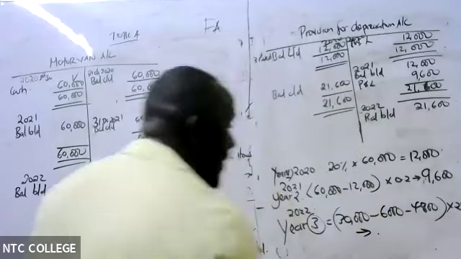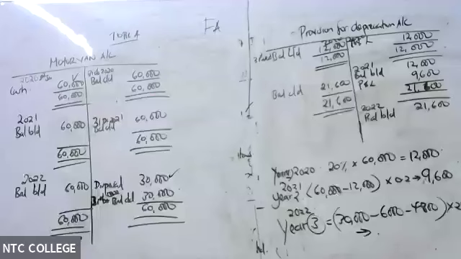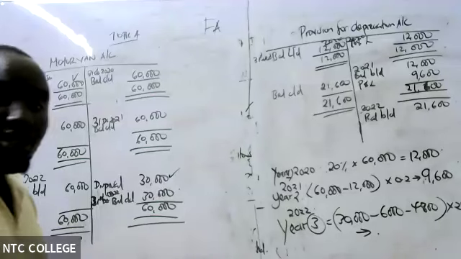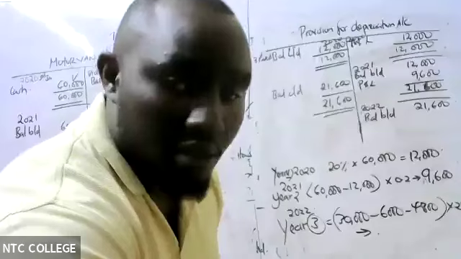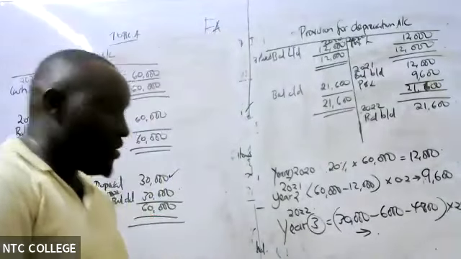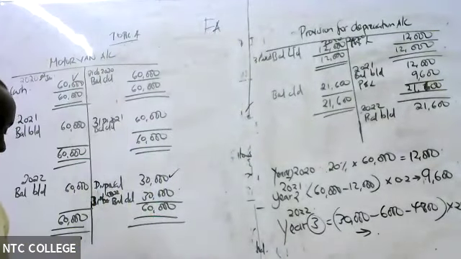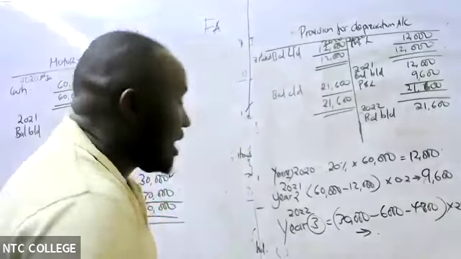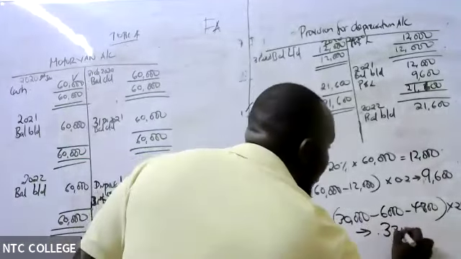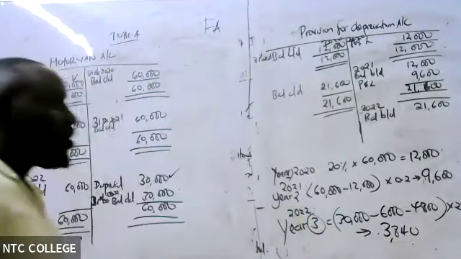So what is the depreciation on the third year? 30,000 minus 6,000 minus 4,800, then you multiply by 20%. So the position for that one asset is 38.40. Tuko pamoja?